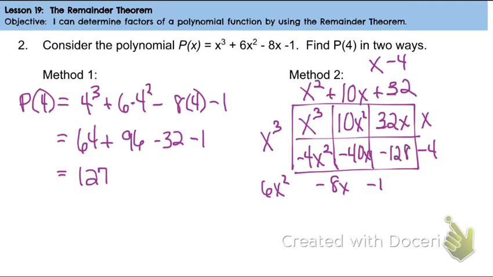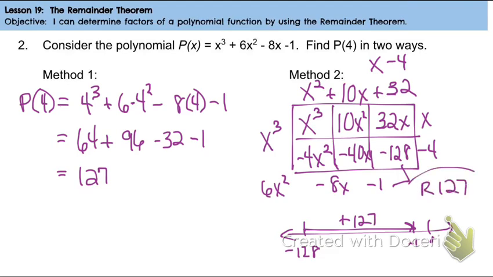How do I get from negative 128 all the way up to negative 1? So if you think of it as a number line, there's 0, there's negative 1, there's negative 128. I had to go up 127. So my remainder is 127, which is the same thing as I got here.